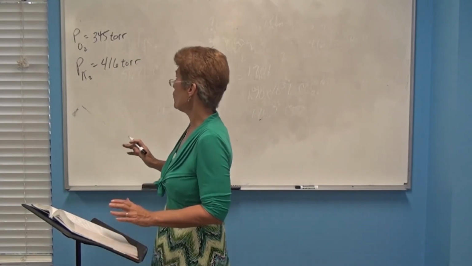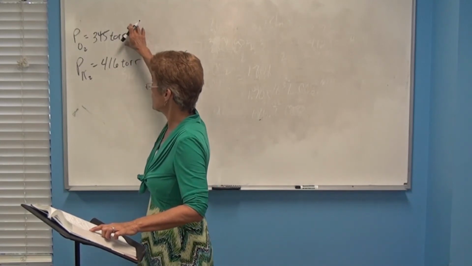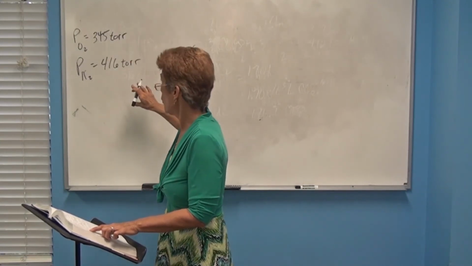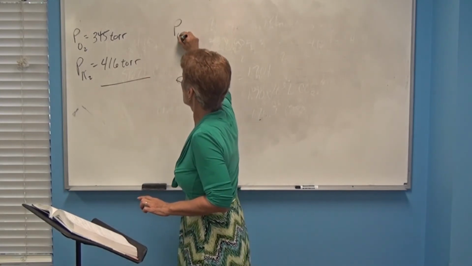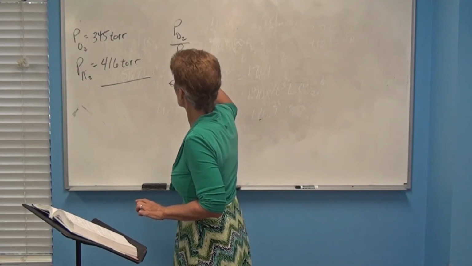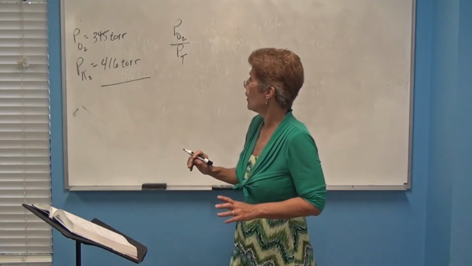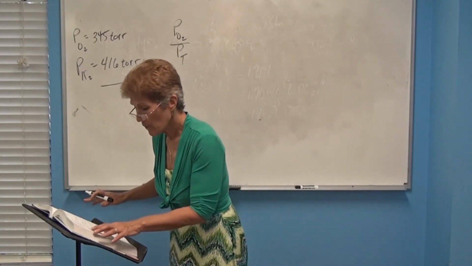What is the mole fraction? Well, remember, the mole fraction is the fraction of this one divided by the total. So first we need to get the total. In other words, the mole fraction, that's going to give us the fraction, right?